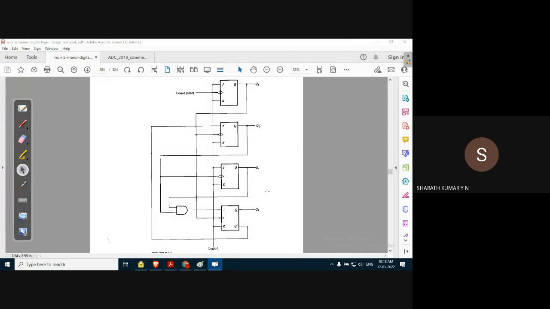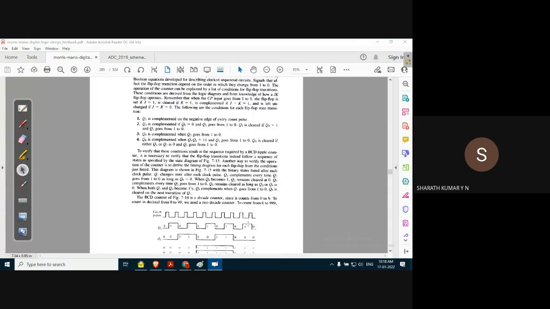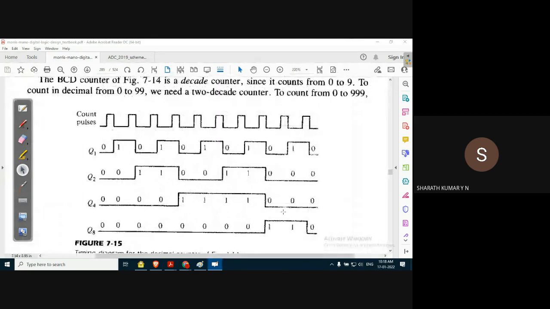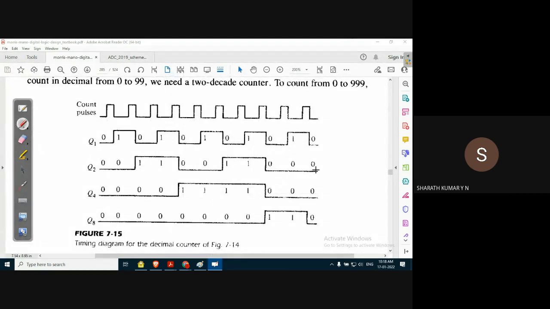Yes, here it is. The timing diagram is very important. Timing diagram speaks a lot of things. We should carefully analyze. When Q8 is 1, normal output is 1. What should Q8 dash be? Q8 dash should be equal to 0.